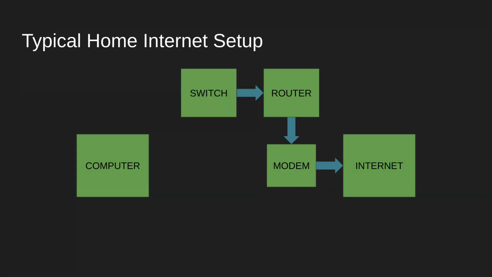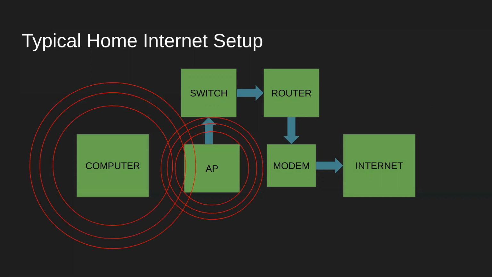And then you have a switch. The switch allows multiple devices to connect to that router. The router creates the network, but the switch allows you to join multiple cables over Ethernet probably. You can connect computers directly to the switch, but what a lot of people do is stick in an access point, and the access point is what actually does the Wi-Fi stuff.